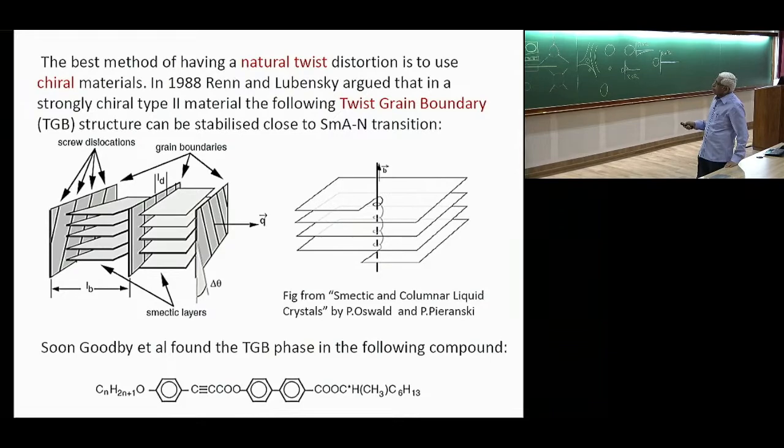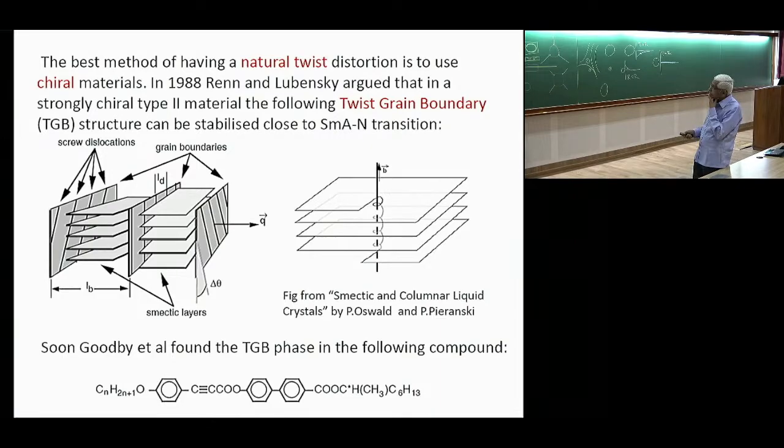And this is again a figure I have taken from this book. And this was in 1988. I think without the knowledge of the theory, some people had already discovered this around the same time. So Goodby, who is a very well-known liquid crystal chemist from Britain, and his colleagues at Bell Telephone Labs had already found this.